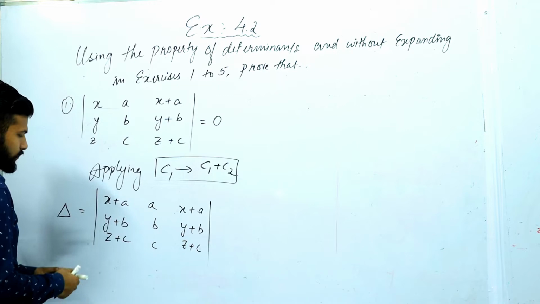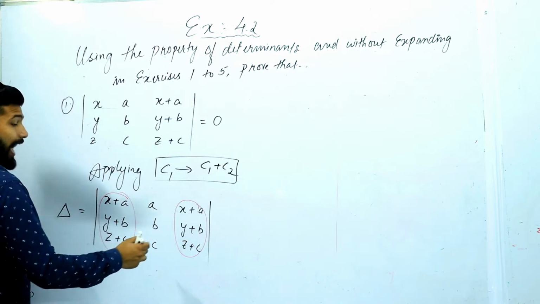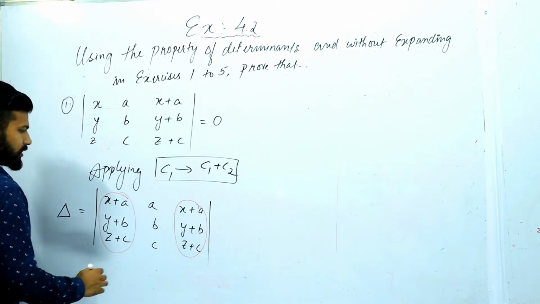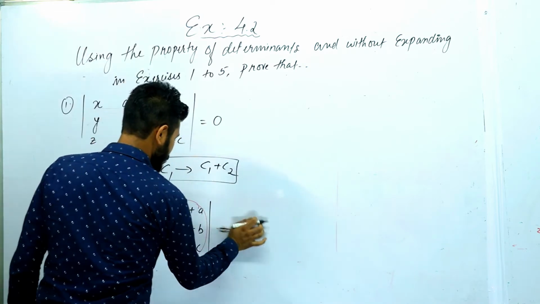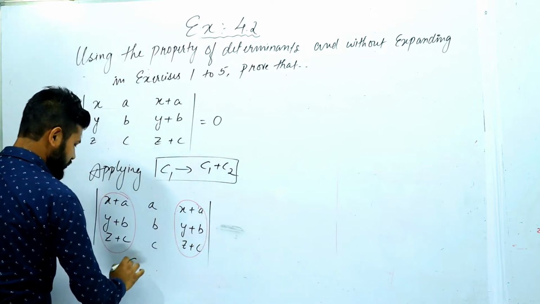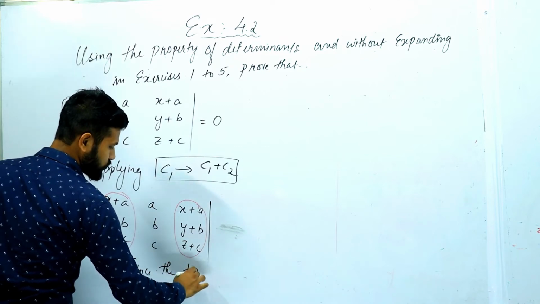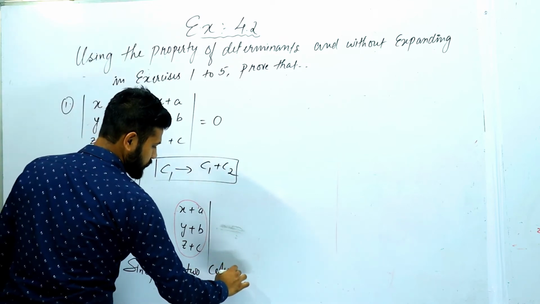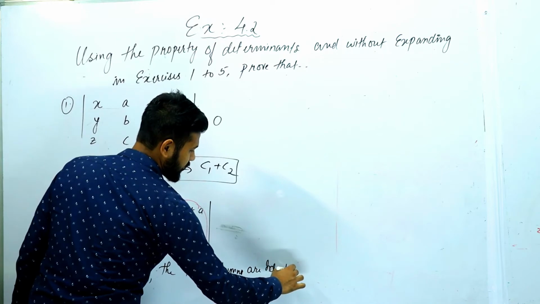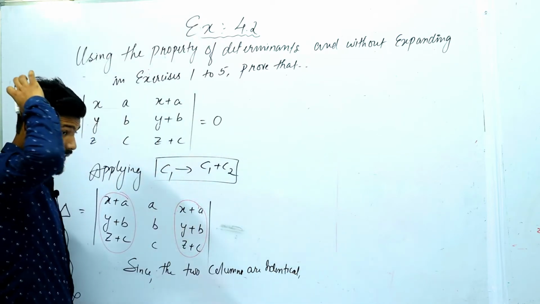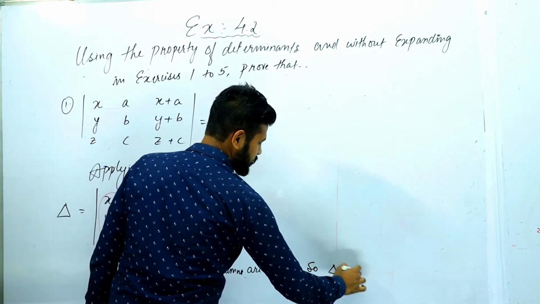Now we have seen that the first column and third column are completely the same, identical, and hence we can say that the value is equal to 0. You have to write the reason. Here you write: since the two columns are identical, the determinant is equal to 0.